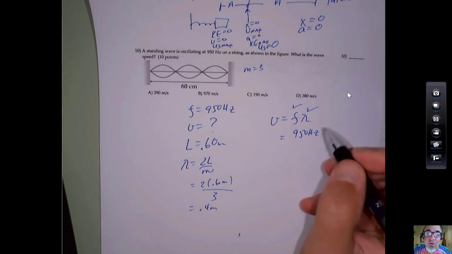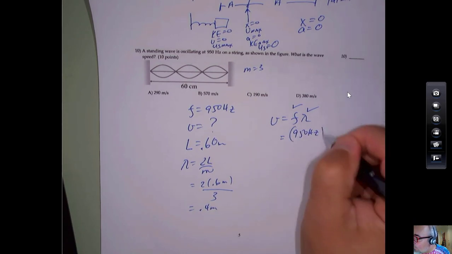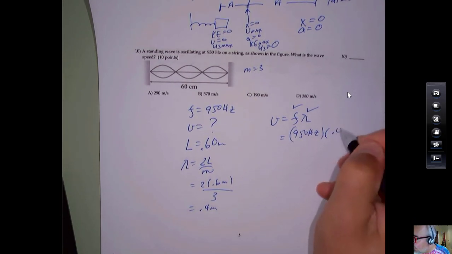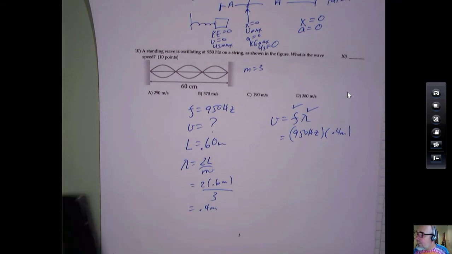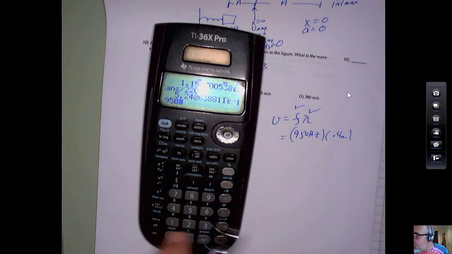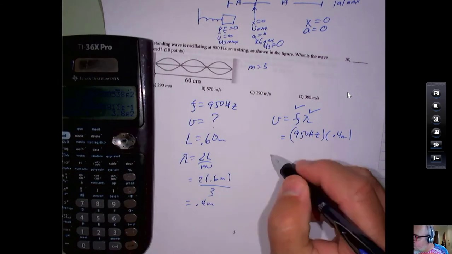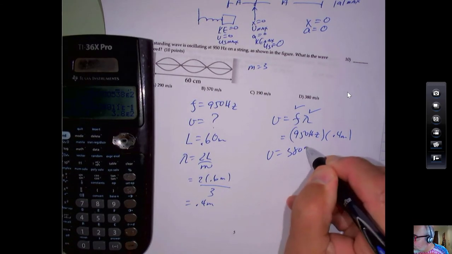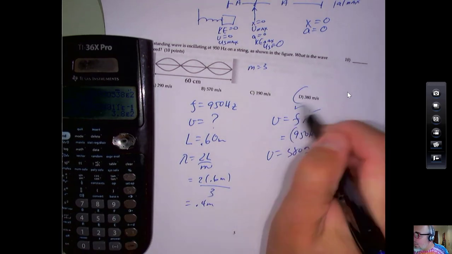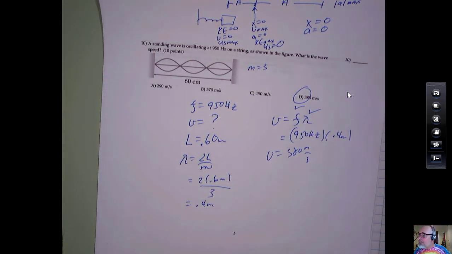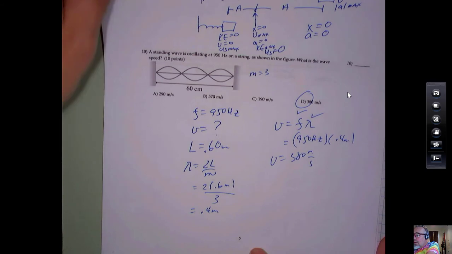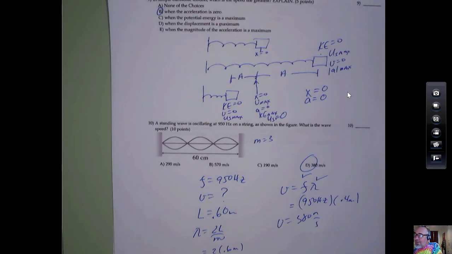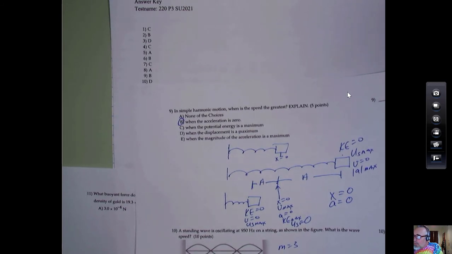A hertz is 1 over a second, so 1 over seconds times 0.4 meters. 950 times 0.4, 380 is the wave speed. Okay, good. That's one of the answers there. Excellent. All right, just a couple more problems to go. Just verify that we did that one correctly. Number 10 was D. Okay, good.